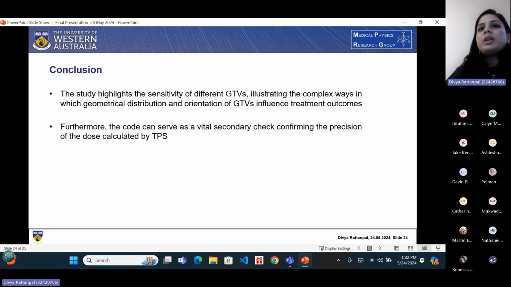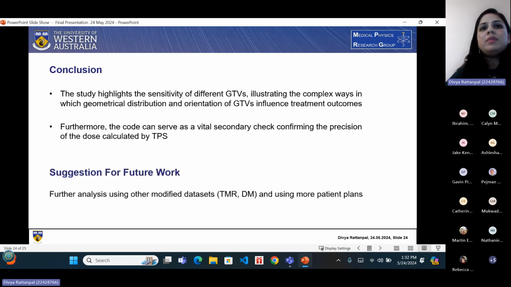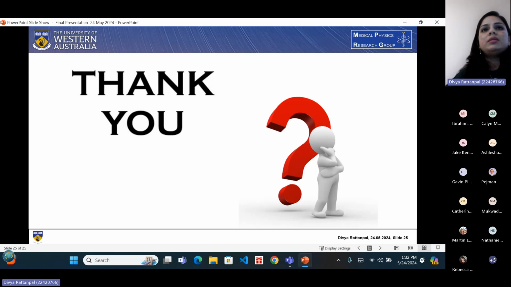Furthermore, the code can serve as a vital secondary check, confirming the precision of dose calculated by the treatment planning system. The suggestion is that further analysis using other modified data sets, tissue maximum ratio, output factor, and more patient plans can be used to further enhance the study. Thank you.